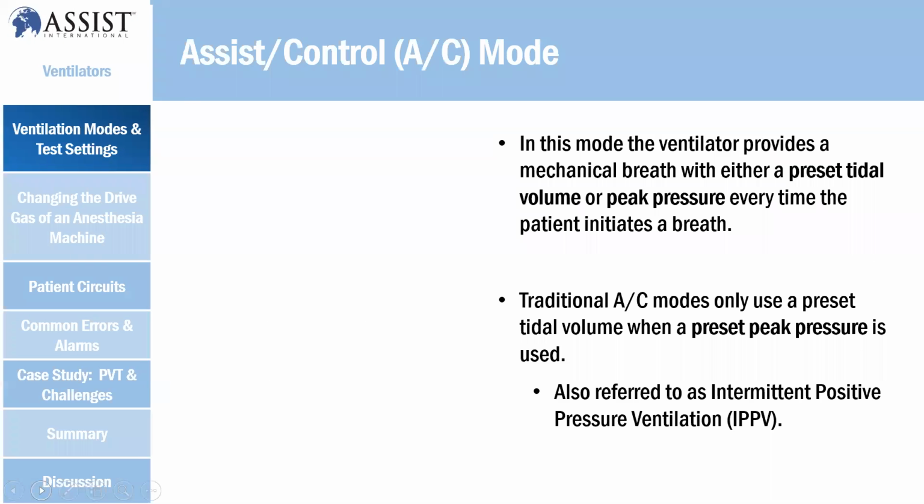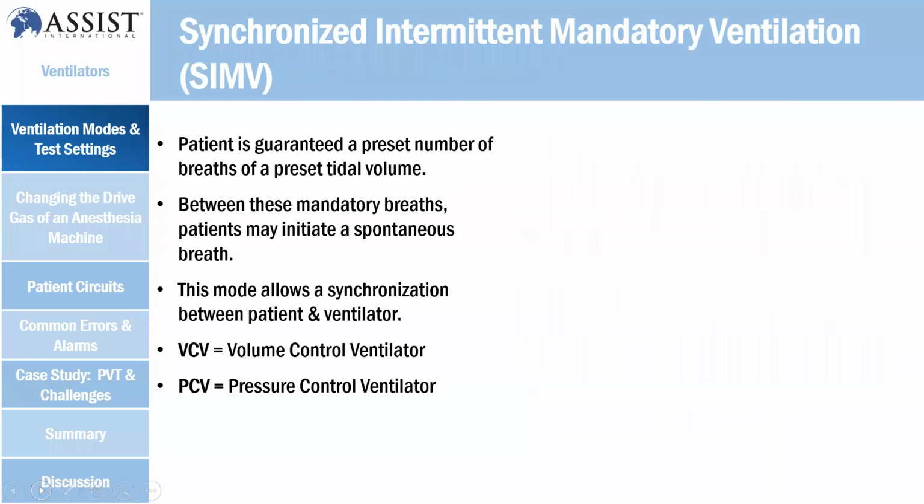When you talk about assist control, it is a mode that provides breathing with either tidal volume or peak pressure, depending on the condition of the patient. And there's synchronized, SIMV, as well.